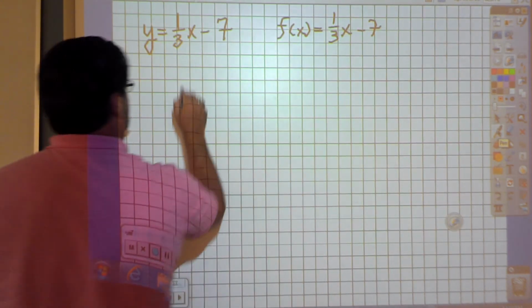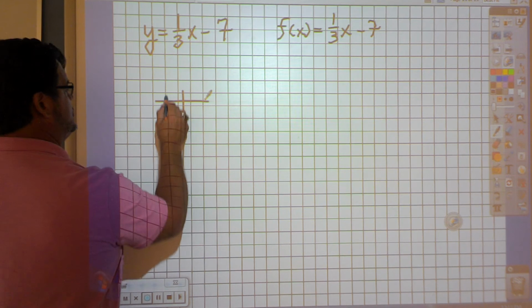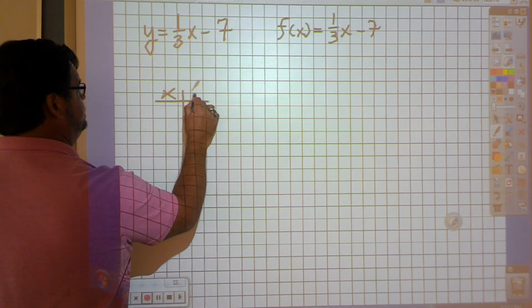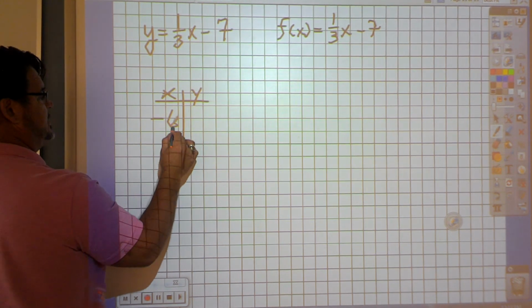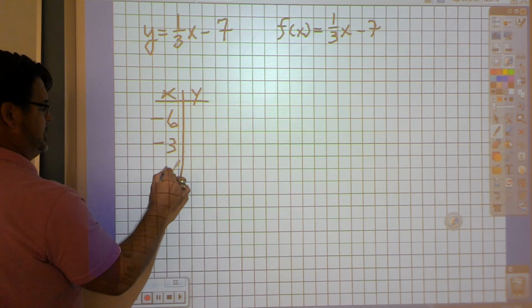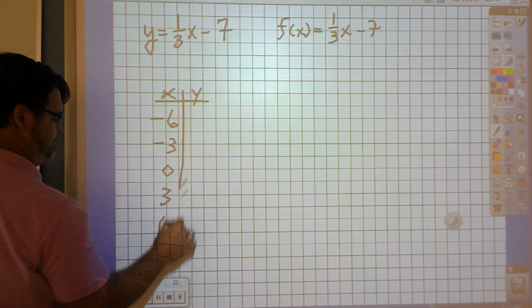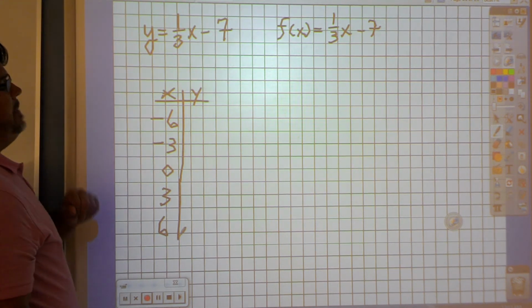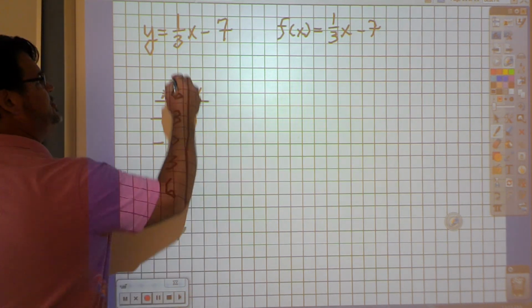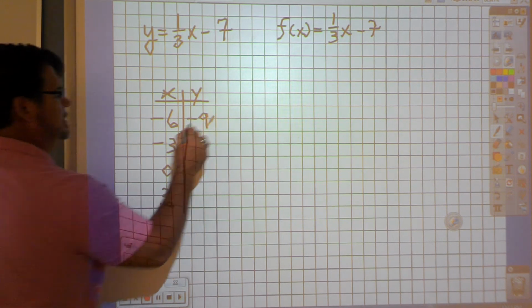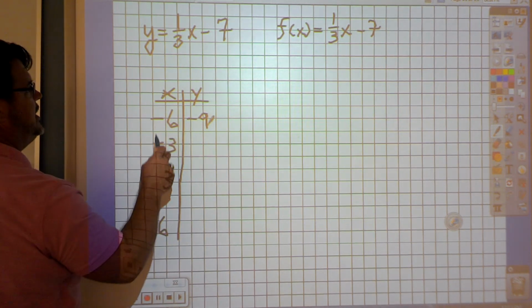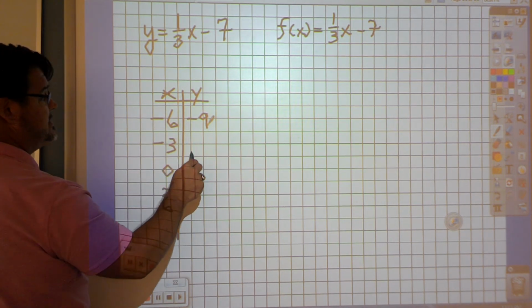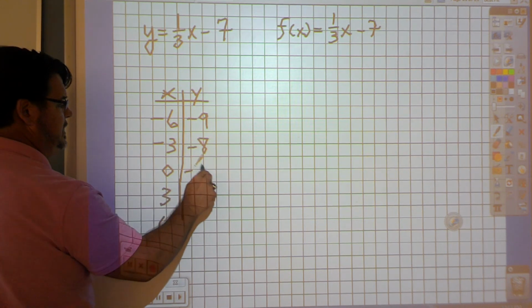For everybody that didn't pick this up, what did I tell y'all to use? Well, the numerators: -6, -3, 0, 3, and 6. Negative 6 divided by 3 is -2, and -2 minus 7 is -9. Negative 3 gives -1, and -1 minus 7 is -8.